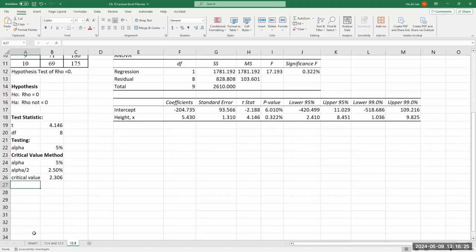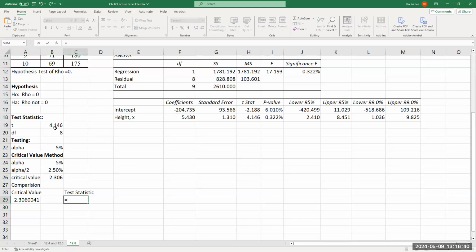Scroll down, which is critical value against test statistic. Let's write it out. Critical value, test statistic. And it looks like the test statistic is bigger.